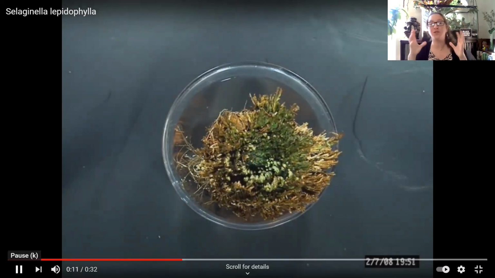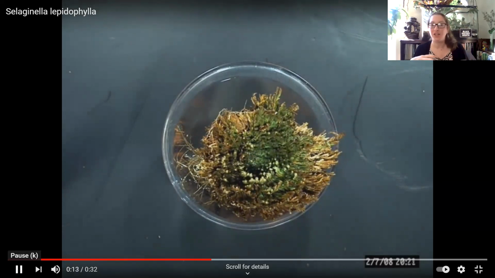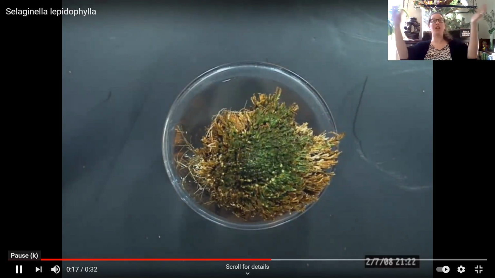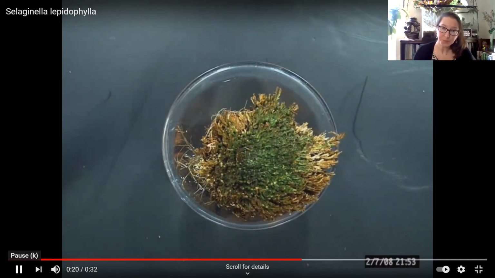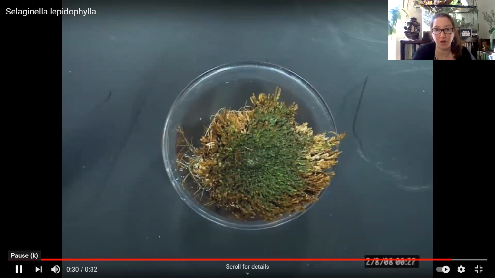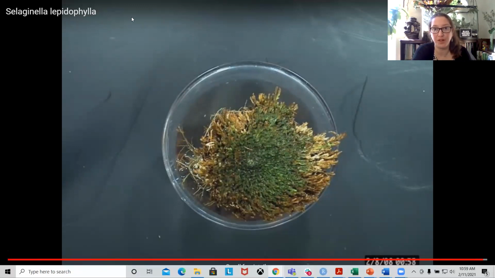It goes from looking completely dead and dry to emerging and being completely green and ready to continue its life cycle. You can actually buy these. They're fun. You can throw them in a bowl of water and watch them resurrect. Resurrection Plant, super cool thing.